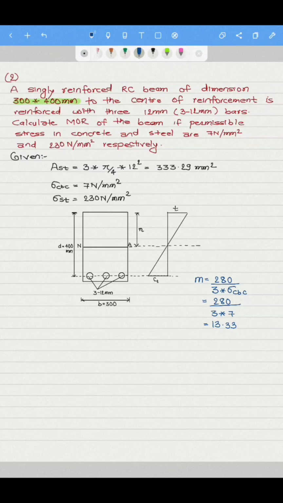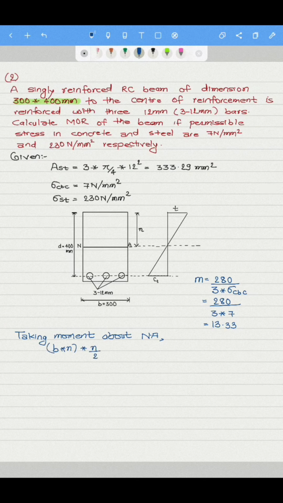Now we can take the moment about the neutral axis like we did in the previous question. So what we can write here is, taking moment about neutral axis, B into N times N by 2.